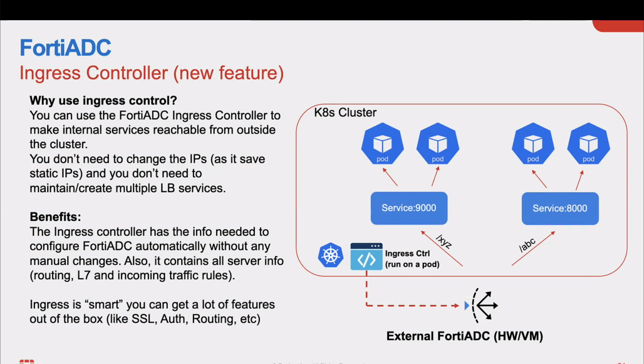What we saw before is that the user is creating these objects manually, but since we took a step forward, it's going to create them automatically for you on the FortiADC itself. The other thing is when you make a change to a service, update it, or scale it down, it will automatically reflect it, and I'm going to show that in a demo.